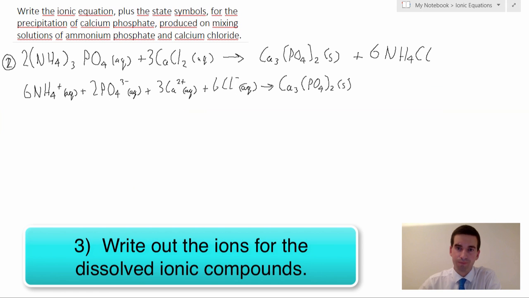Now the ammonium chloride is, oops, I've forgotten the state symbol on that. Cardinal sin. Okay, so we have 6 ammonium ions and 6 chloride ions.